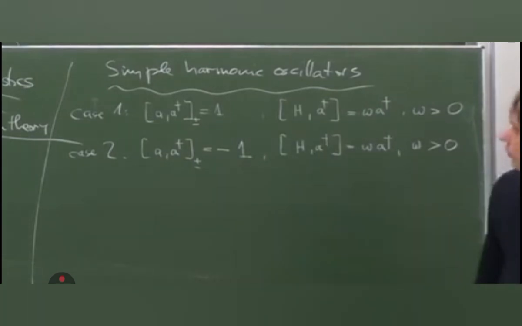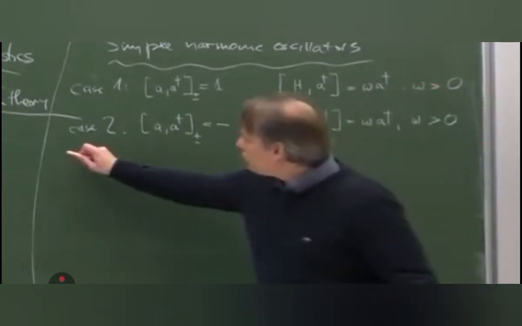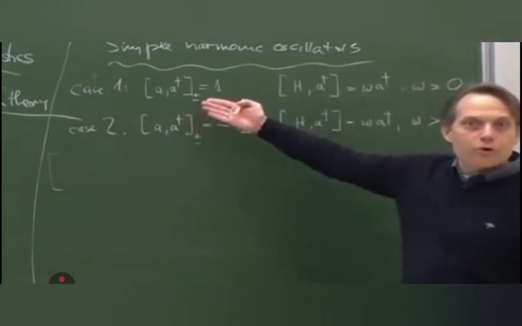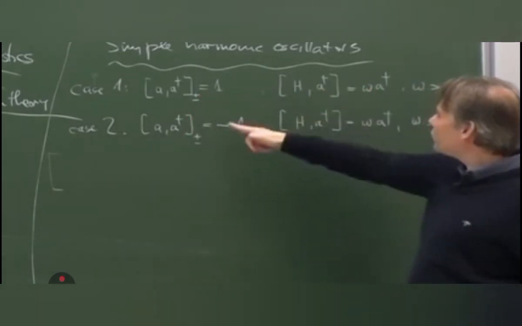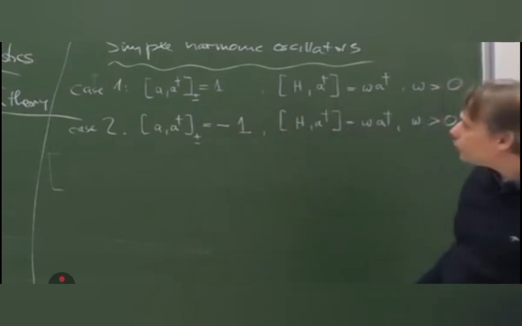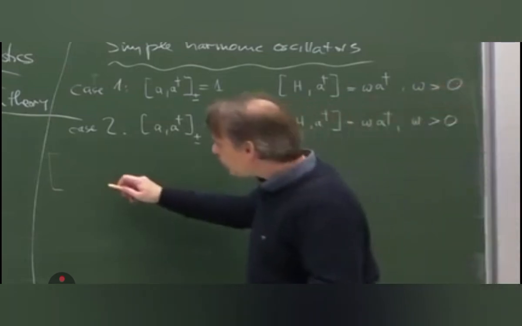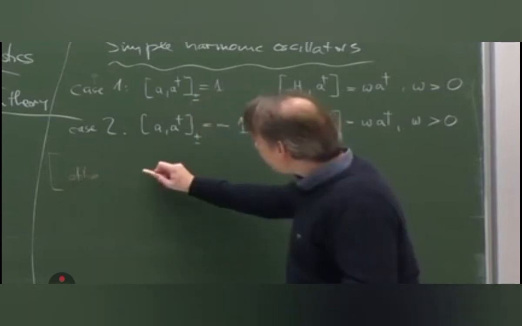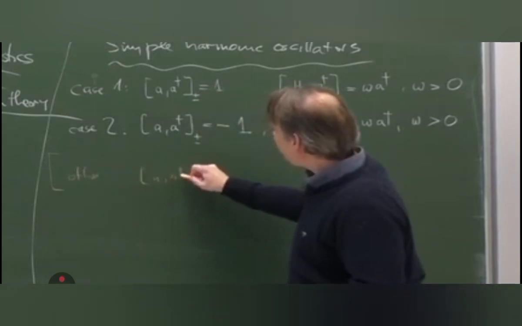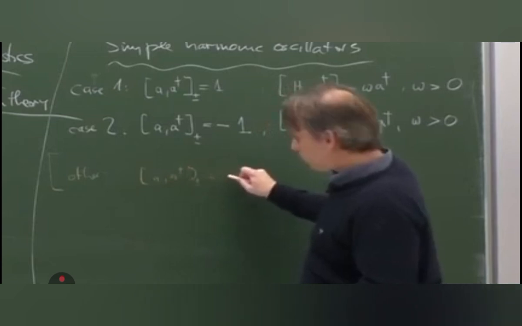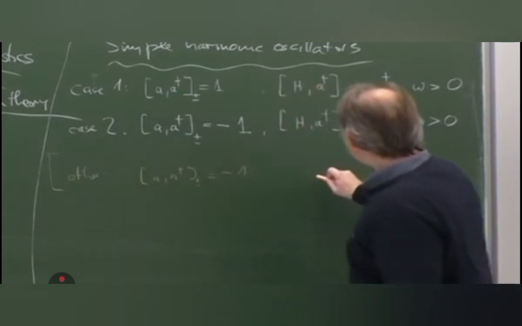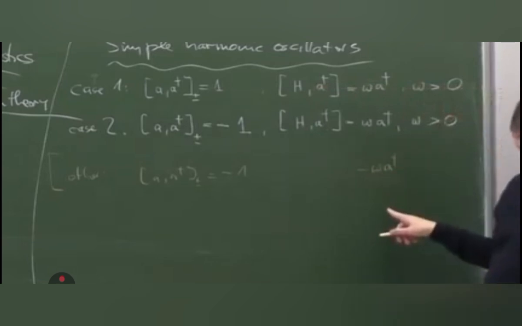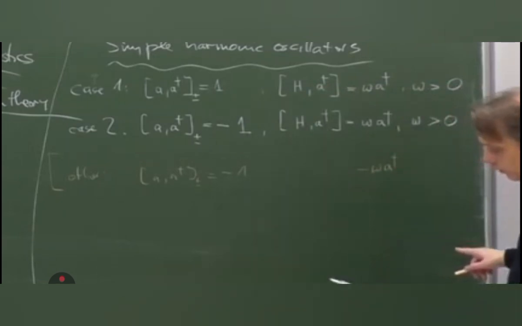Let me just say, maybe in a different color, there would of course in total be 4 obvious cases: plus, plus; plus, minus; minus, plus; minus, minus, and so on. So let's briefly think about the other cases. For example, you could have here A with A dagger, plus or minus, equal to minus 1, and here we could have minus omega times A dagger. So that would be a third case.